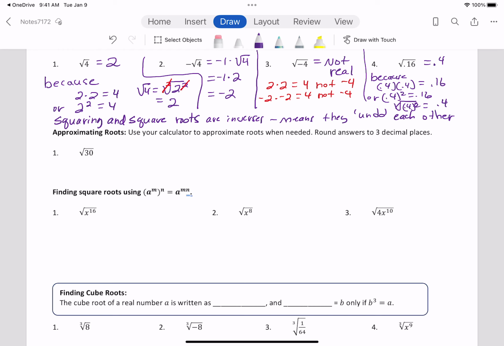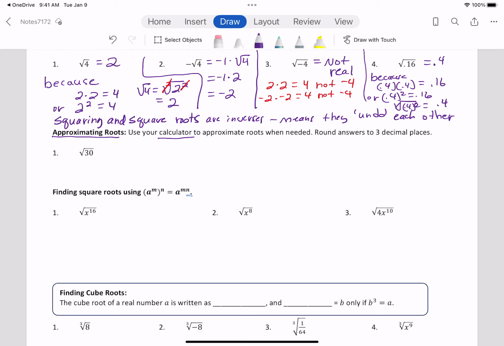Alright, so the next thing is approximating roots, and this is pure calculator usage, okay? So if we're dealing with square roots, if I have a number under the radical that is not a perfect square, then we may approximate it.